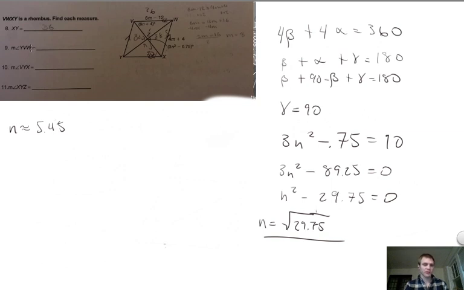I'm going to do it to 3 degrees. I hate these approximation problems. X, Y, Z. So that is our 31.9. And then Y, this times 2, 106.2.